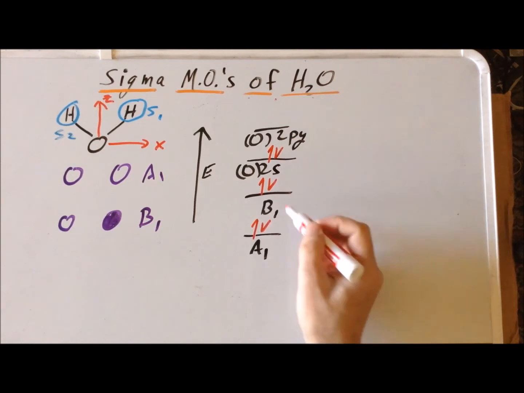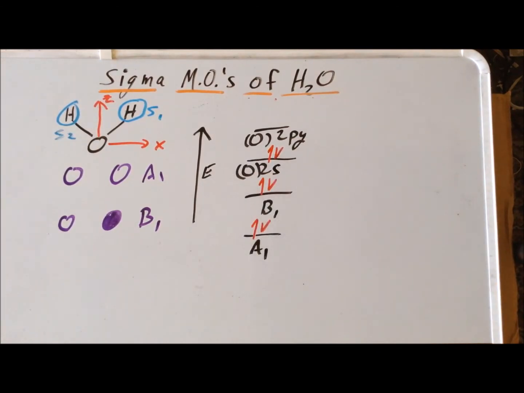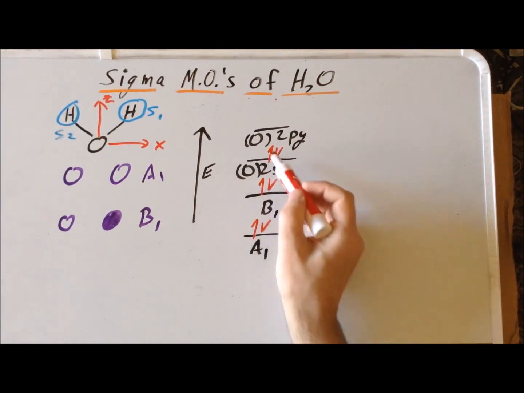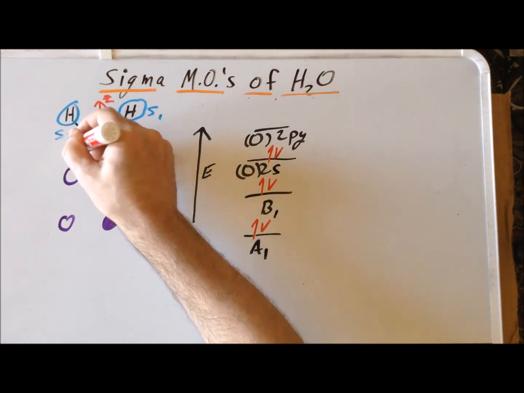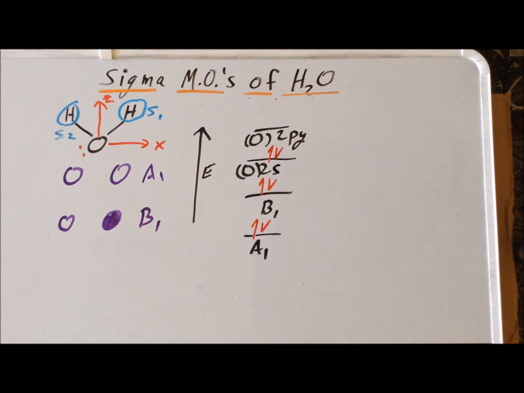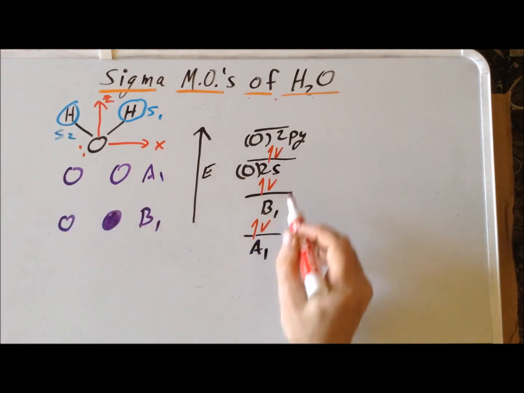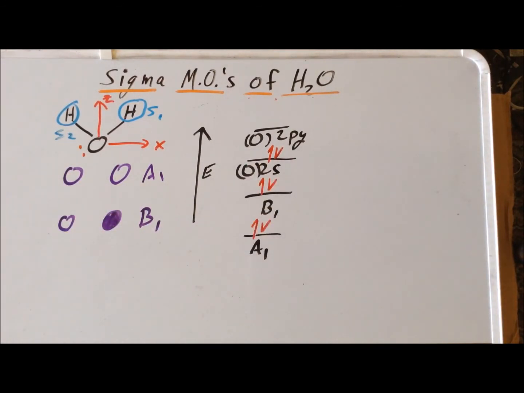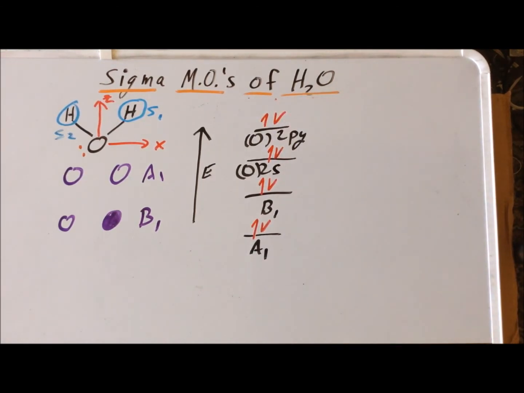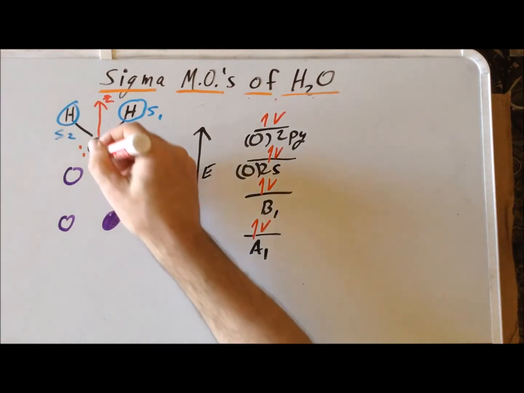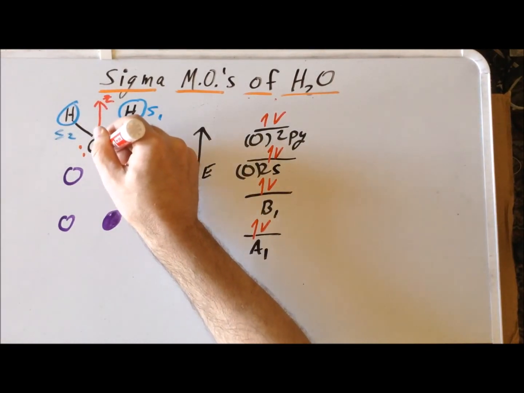Electrons 5 and 6 go into an oxygen atomic orbital, 2s, which counts as one of the lone pairs on oxygen. So when we draw a Lewis structure of water, one of the lone pairs actually represents an atomic orbital on oxygen that has 2 electrons. And the last 2 electrons go into a 2py orbital, which is another lone pair on oxygen.